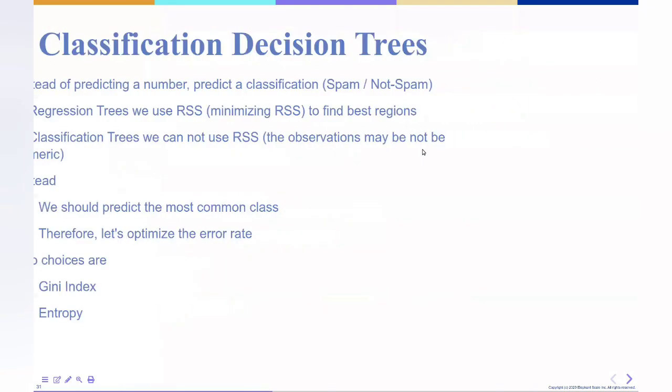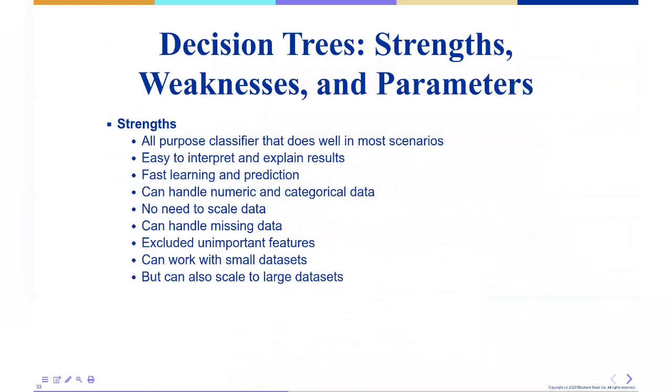Good, guys. Let's see what else I want to highlight. Let's wrap this up here, and then we'll jump into the labs. Strengths and weaknesses. Trees are basically all-purpose classifiers, and they will do reasonably well in all scenarios. It's also very easy to interpret the results. You can visualize them. When you do the lab, it's very easy to visualize what's going on.